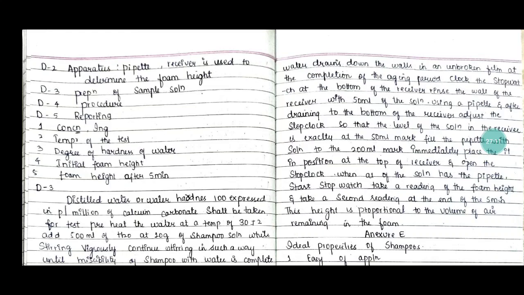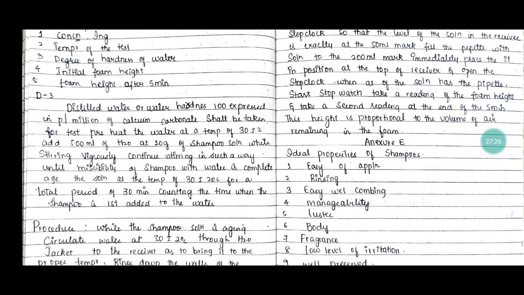D5 reporting. In reporting, you have to consider the concentration and ingredients of the product, temperature for the test, degree of hardness of water, initial foam height, and foam height after 5 minutes.